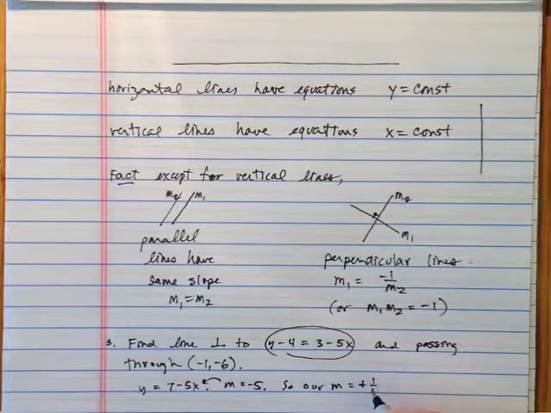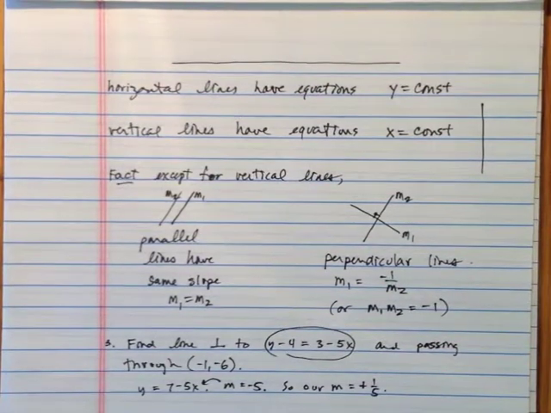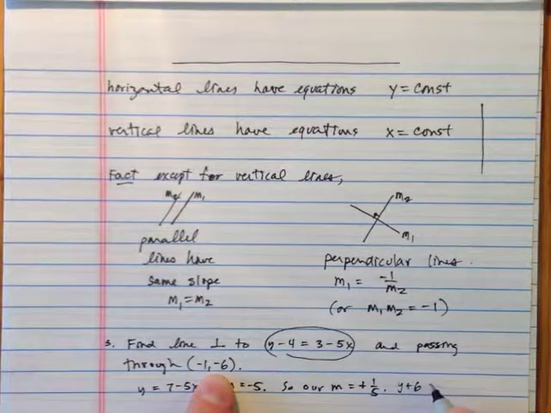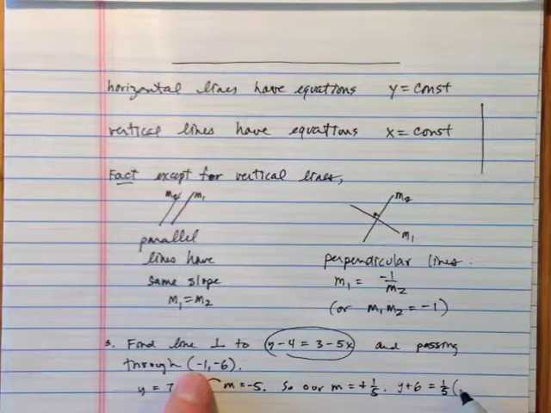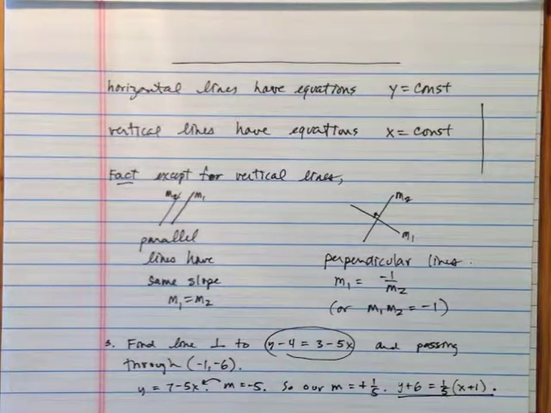It must be positive 1/5. So I'll put this in point slope form. There's the point, there's the slope. Its equation must be y minus negative 6 is 1/5 times x minus negative 1. There we go. Perfectly satisfactory answer.